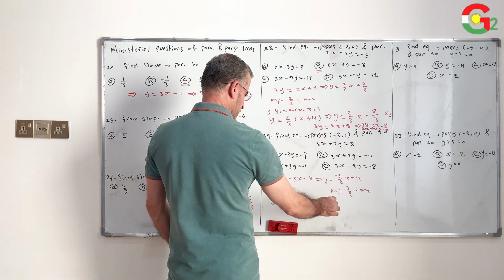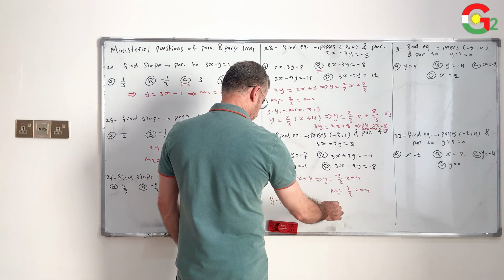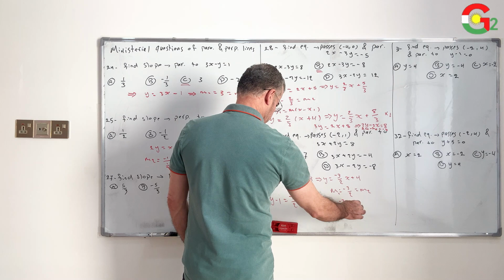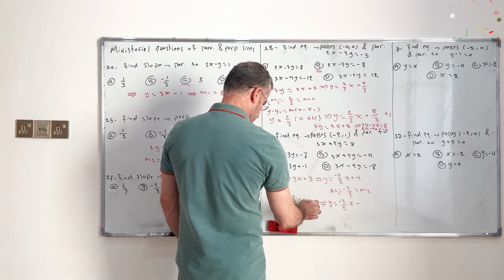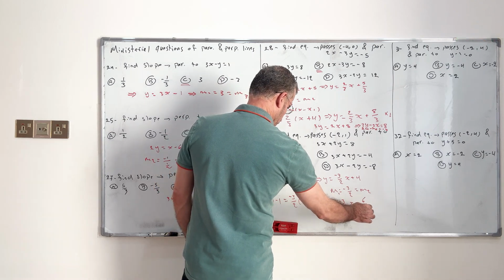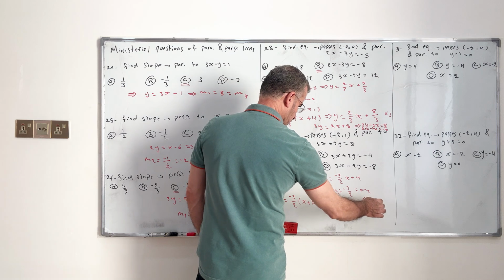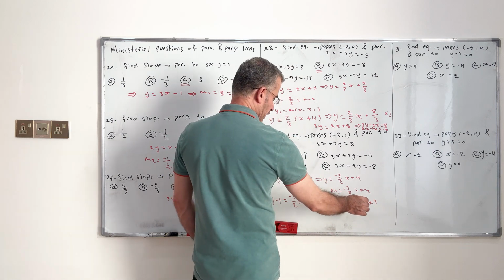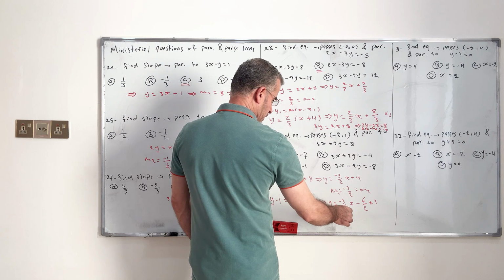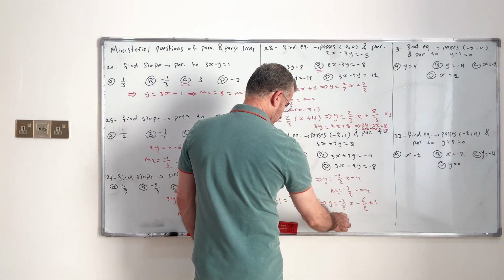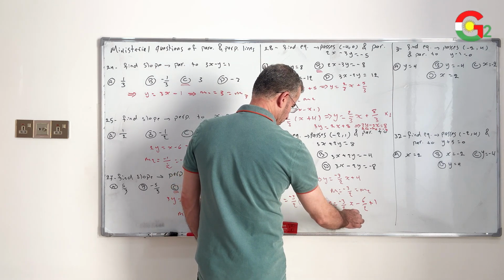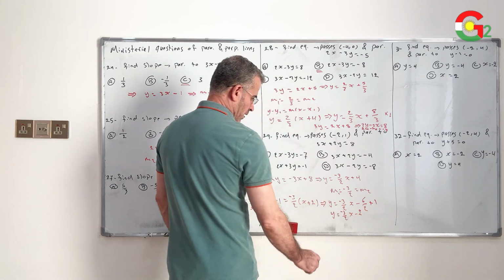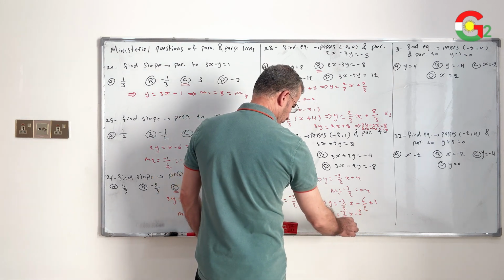Simplify this equation. y equal to negative 3 over 2 x minus 6 over 2 plus 1. 6 over 2 is 3, so negative 3. Negative 3 plus 1 is negative 2. y equal negative 3 over 2 x minus 2. Multiply both sides by 2.